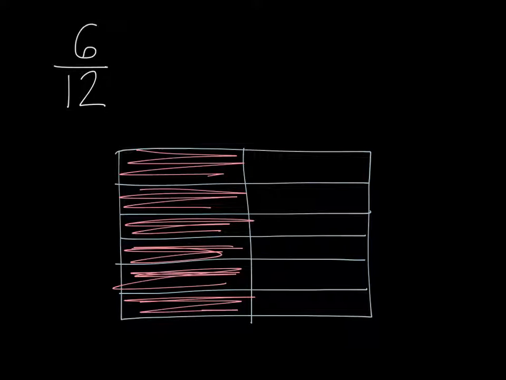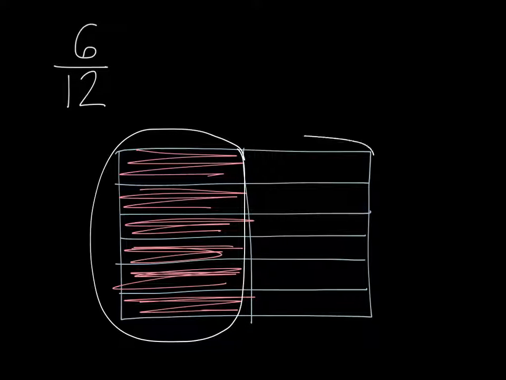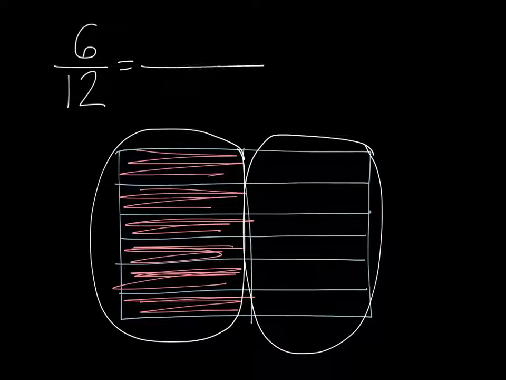And in this case, I can break it apart pretty easily. That is an equal group of 6, and this is an equal group of 6. So I want to think about the number of pieces that I divided this into. Now I made 2 equal groups, but I want to think about how many pieces are in each equal group. And in this group, I've got 1, 2, 3, 4, 5, 6 pieces.